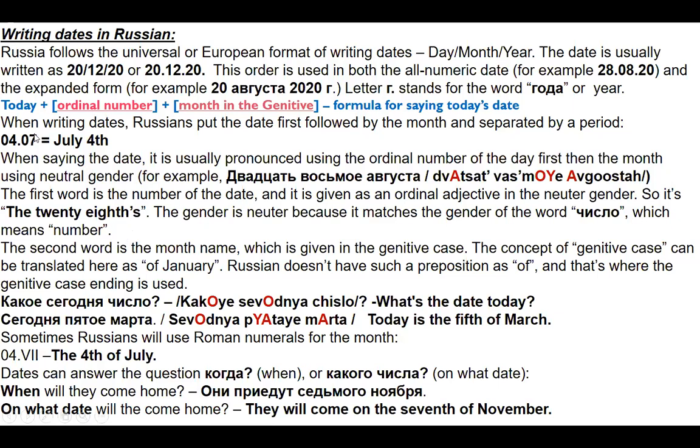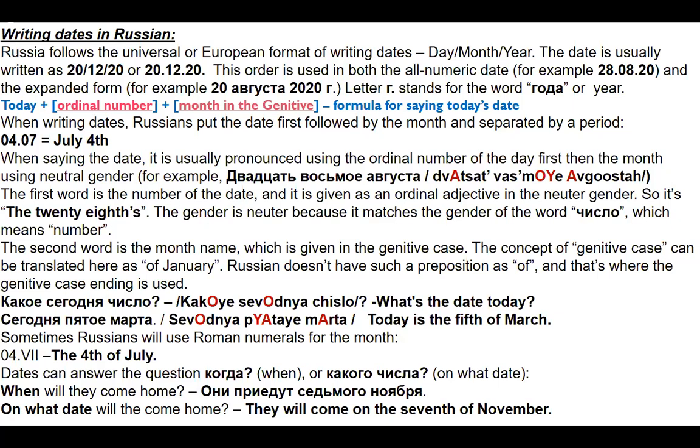When writing dates, Russians put the date first, followed by the month and separated by a period. For example, July 4th will be written as 4.7.